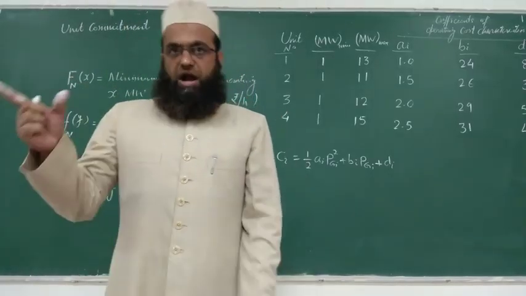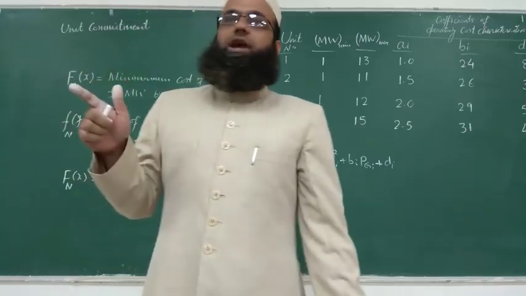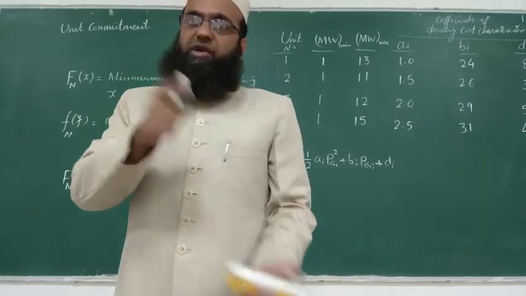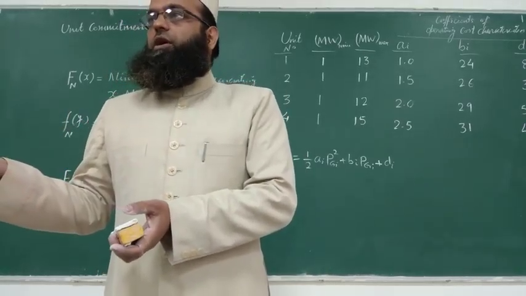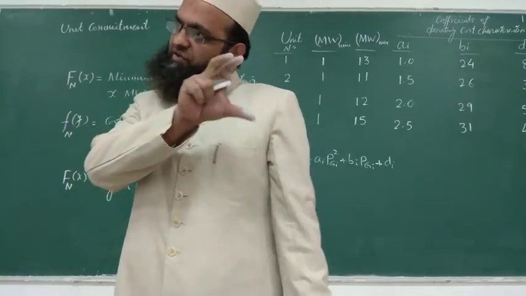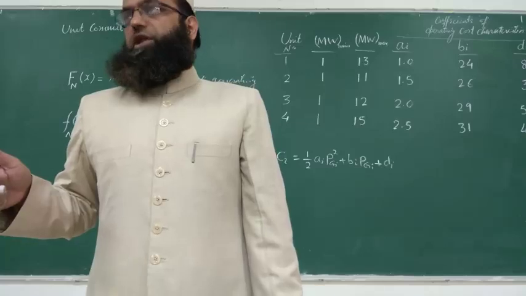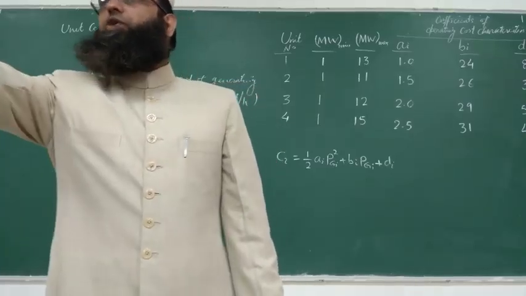So for each demand, one optimal combination of units will be selected, and that combination may be for other demands also, is it not? Once these combinations are selected, then the second task will be to load the units optimally, is it not? Are you getting?